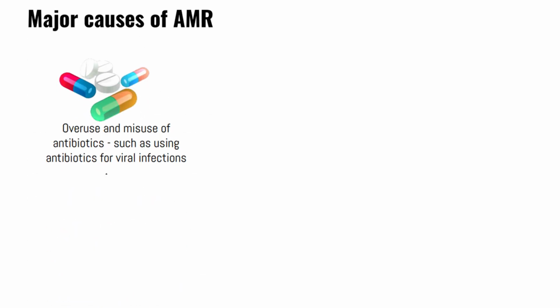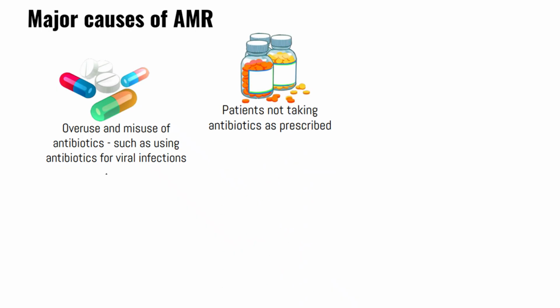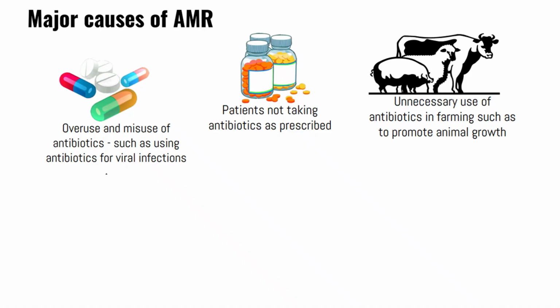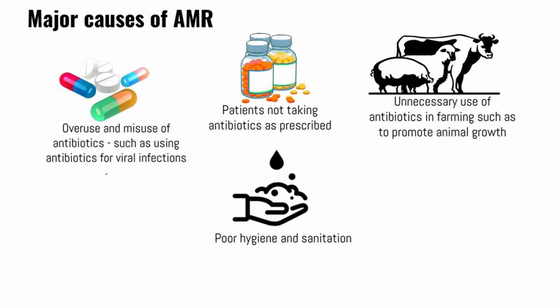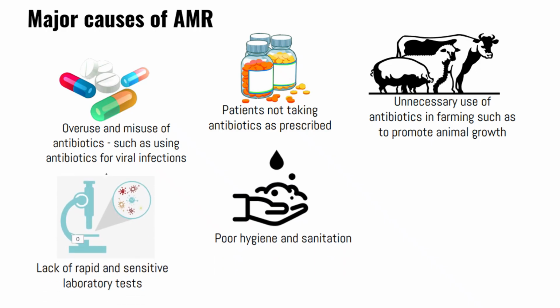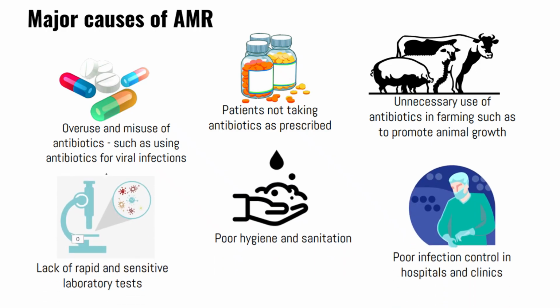The major causes of AMR are misuse and overuse of antimicrobial substances, like taking antibiotics for viral infections, not completing the full course of treatment, or using these medicines unnecessarily in animals, which have all fueled the rapid rise and global spread of AMR. We are unknowingly helping microbes become stronger, smarter, and harder to defeat.